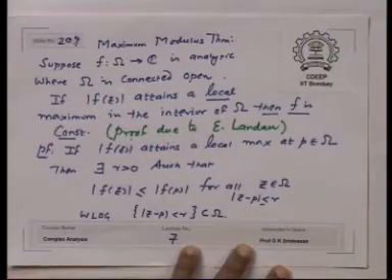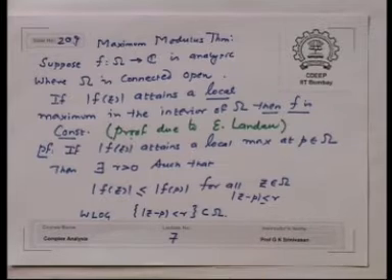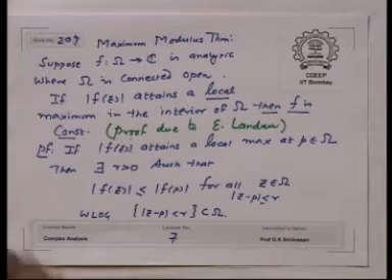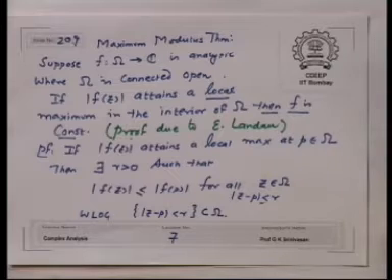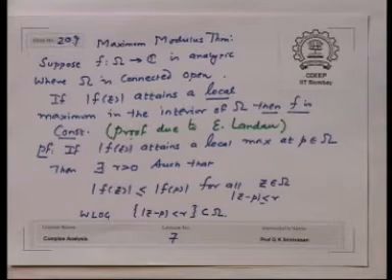Alright. The maximum modulus theorem. Once again, there are several proofs of the maximum modulus theorem, and I have chosen that proof which emphasizes the Cauchy formula. It is one of the most beautiful proofs of the maximum modulus theorem. The theorem says that suppose f from omega to C is analytic, where omega is a connected open set, and if mod f z attains a local maximum in the interior of omega, then f is constant.